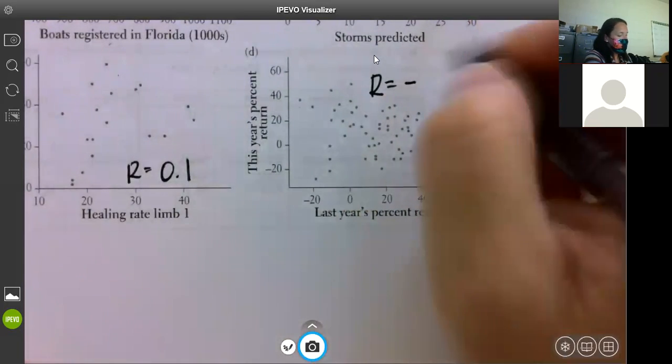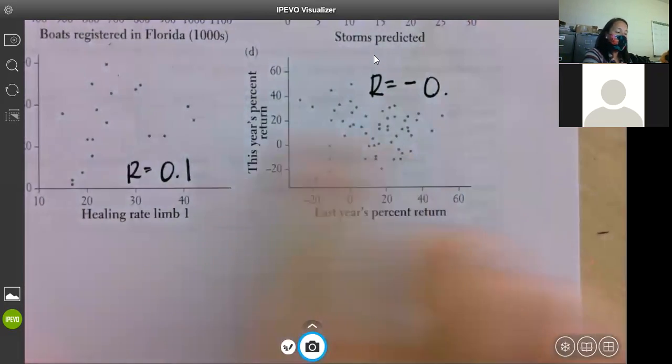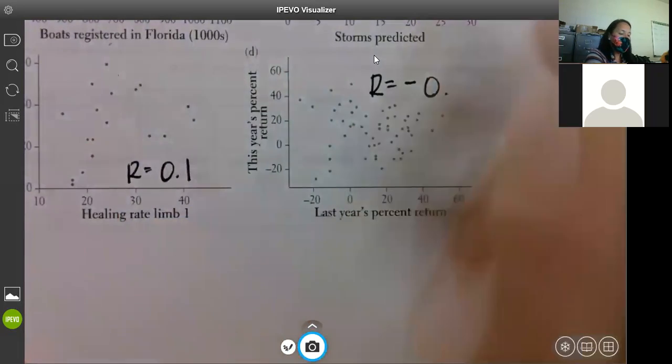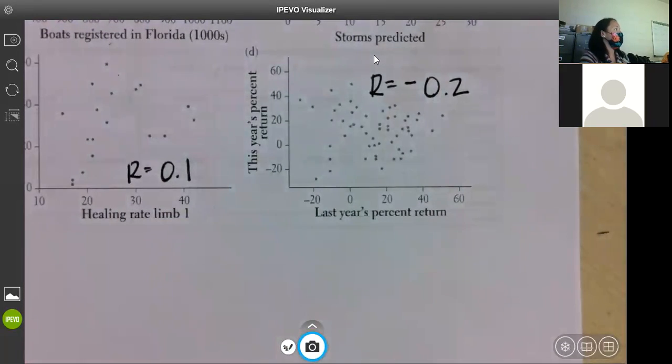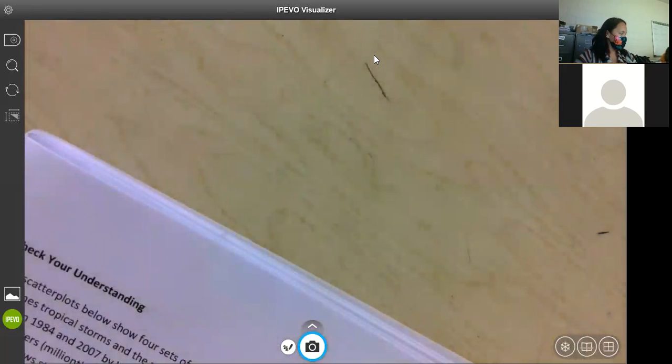They're a little more clustered than this one is. 0.02. I would do that too. So I really just choose one. No matter if it's negative or positive, you use the same things, closer to one. The sign only tells the direction. Okay, gotcha.